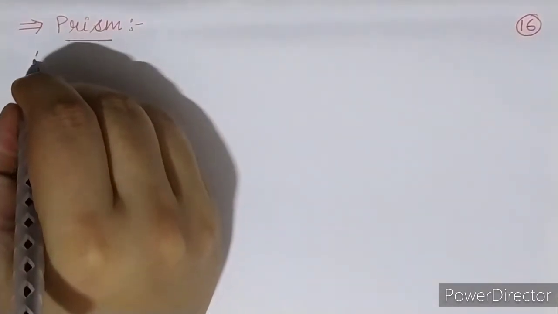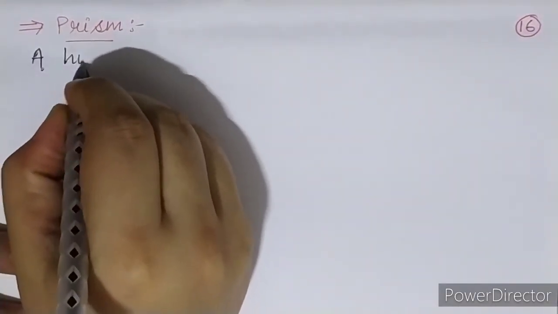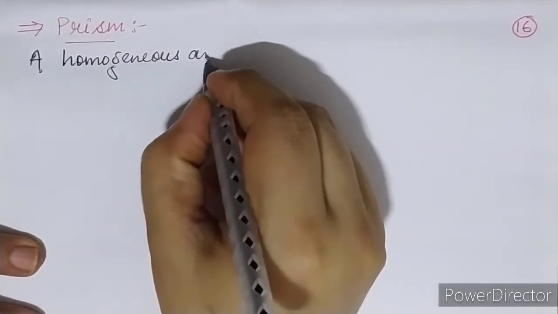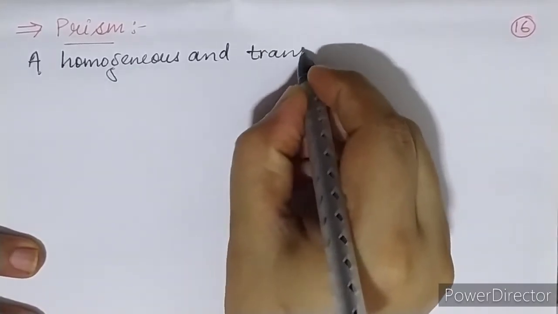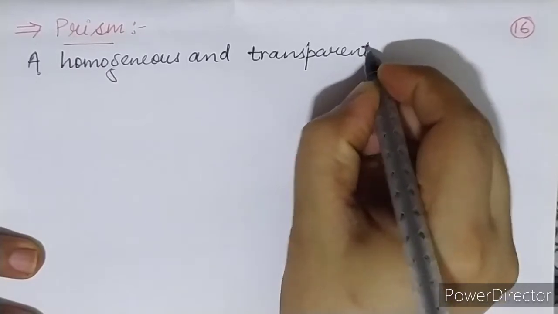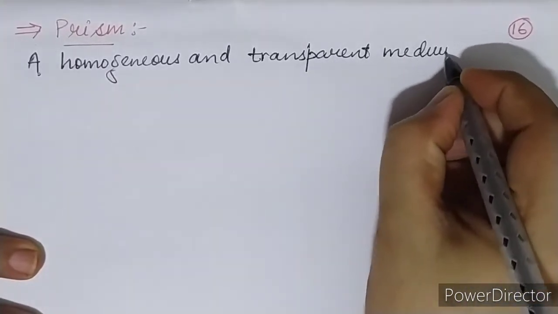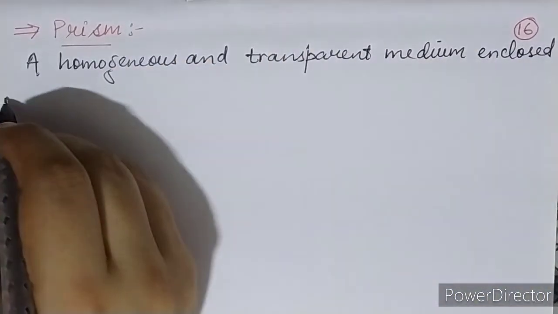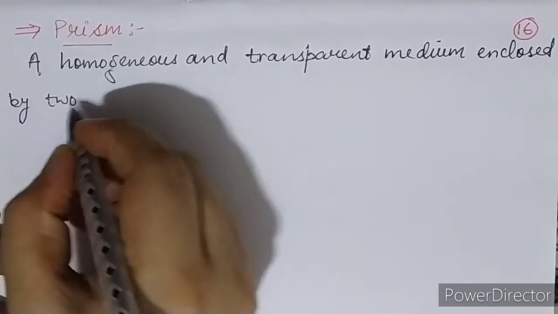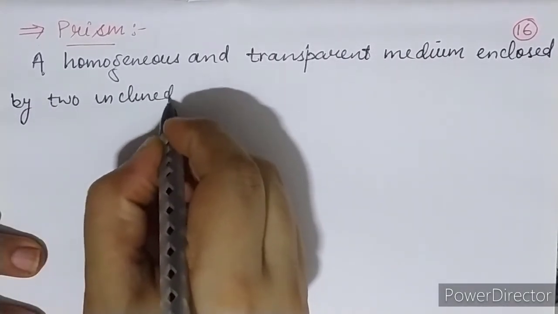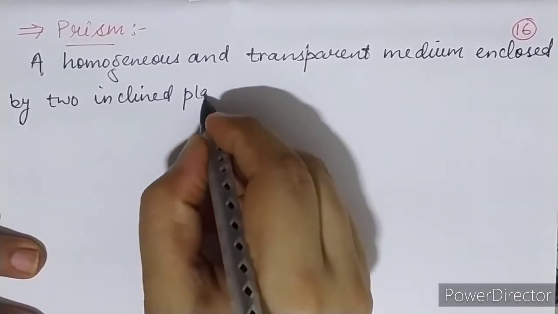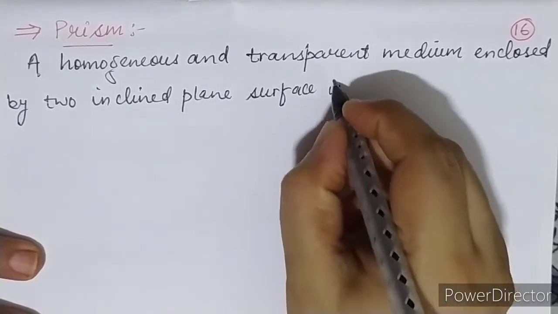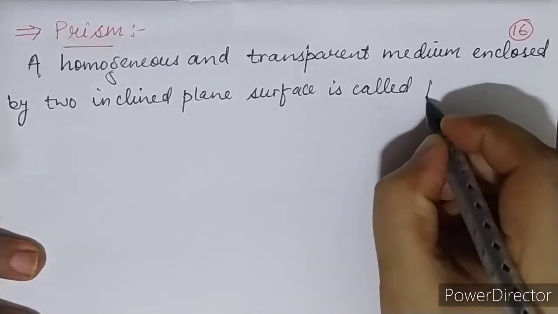It is a homogeneous and transparent medium enclosed by two inclined plane surfaces, called a prism.